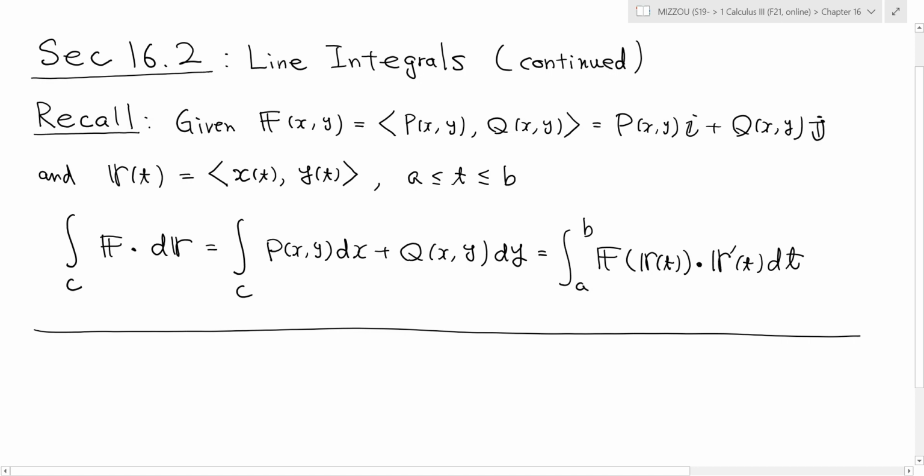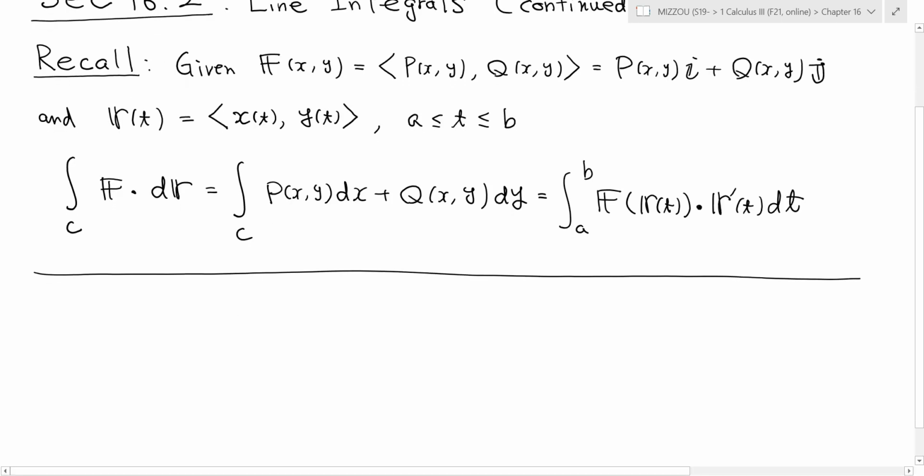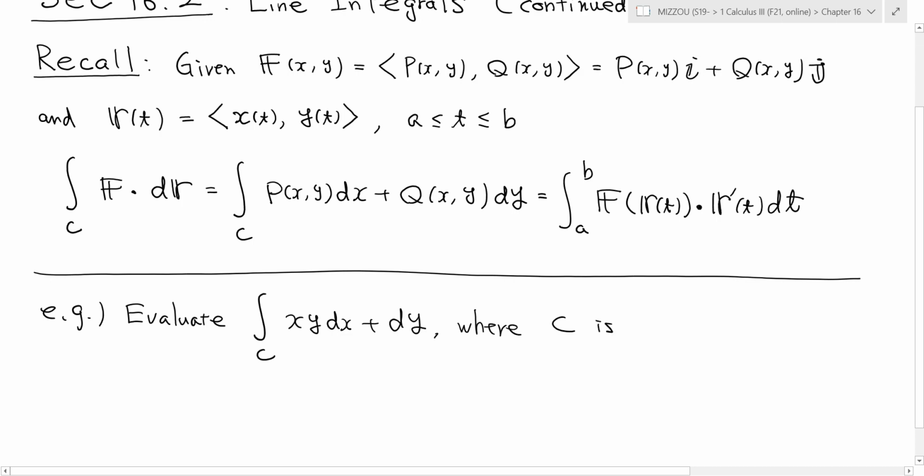Let's just work out one more example in this video, and then I'll talk about a line integral with three variables. So first, let's start with this example. Evaluate the integral of xy dx plus dy, where C is this.